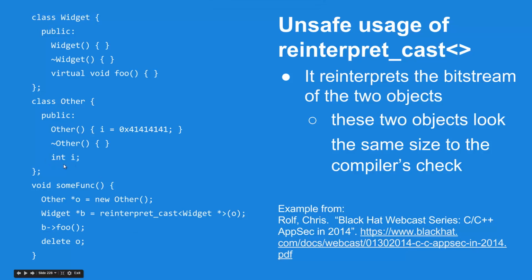This would have to be long or double to have the same footprint on a 64-bit system, because we have the constructor, destructor, and a pointer-sized object here. And we declare O as other, and we reinterpret cast it as widget. And it would allow this. This would be very unsafe. And this code is from Chris Rolfe's Black Hat webcast series from last year.